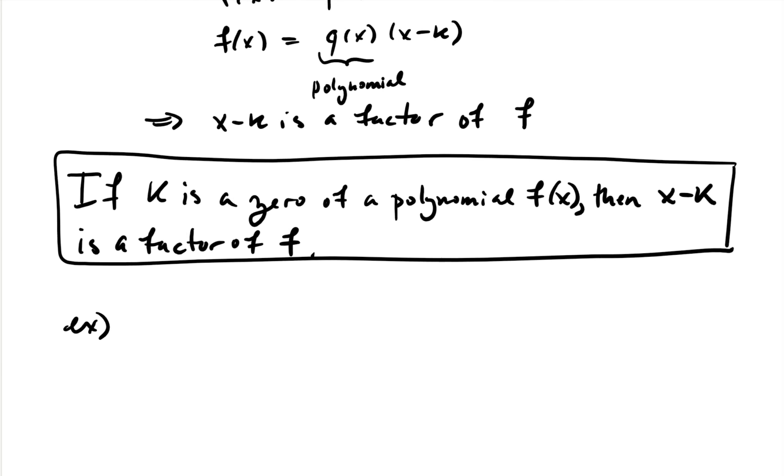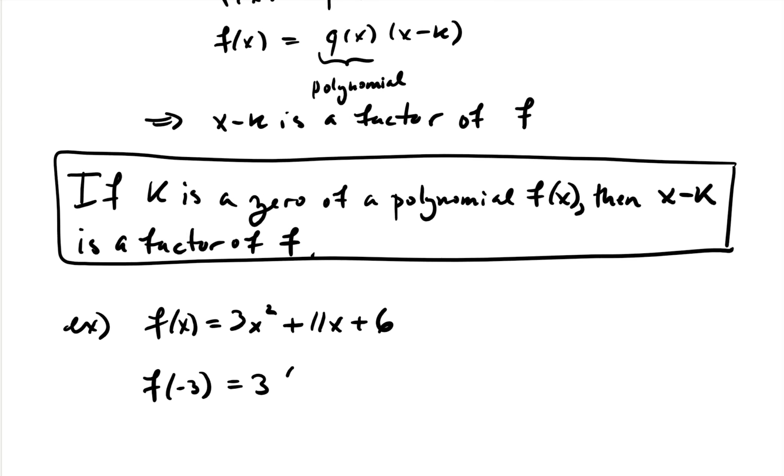So for example, consider the polynomial 3x squared plus 11x plus 6. Let's replace x by minus 3 just to see what happens. We get 3 times minus 3 squared plus 11 times minus 3 plus 6. And that's going to be 27 minus 33 plus 6.